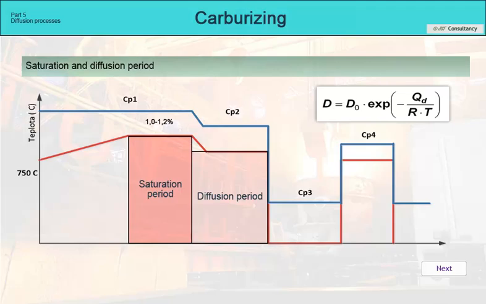In the next step, the potential is then reduced to 0.8 to 0.9. The temperature may also change, and the carbon in the layer is allowed to diffuse without new carbon dotation. The reduced mass flow of carbon from the atmosphere will mean a decrease in the carbon concentration on its surface, and it will gradually decrease to the eutectoid amount of approximately 0.8%. This is followed by quenching.